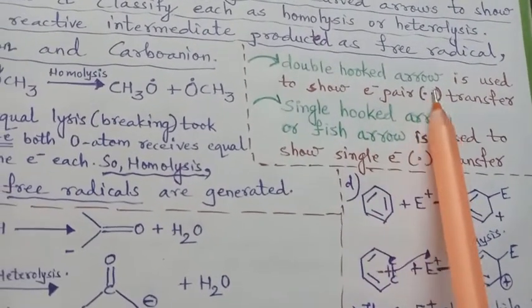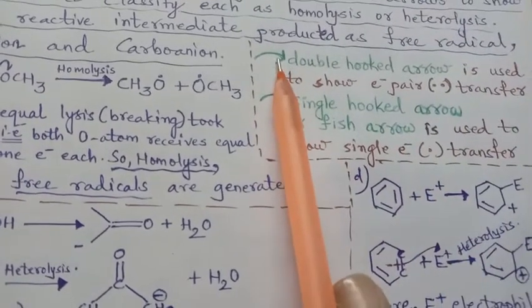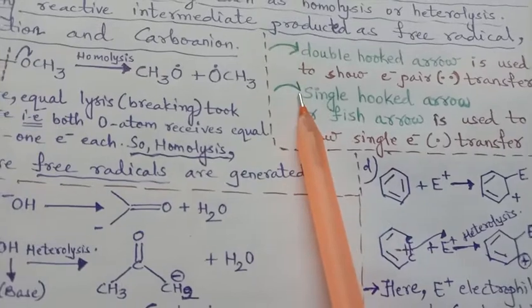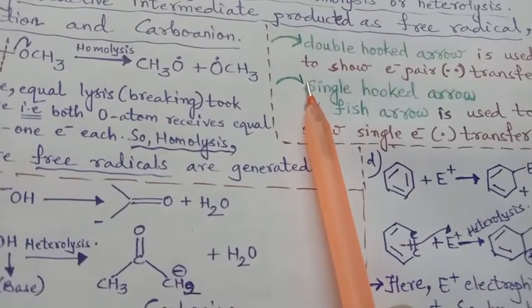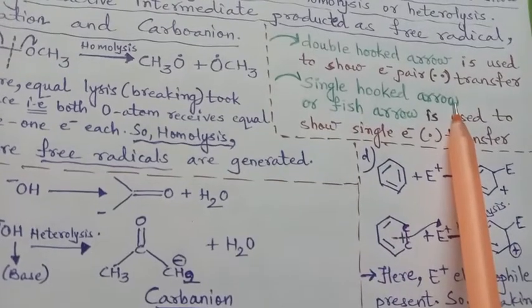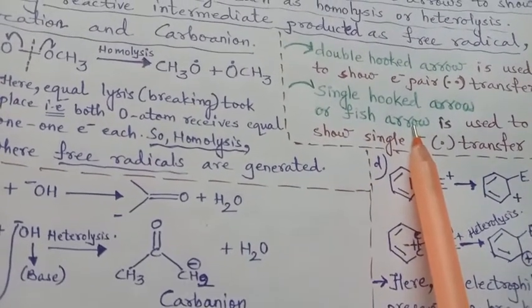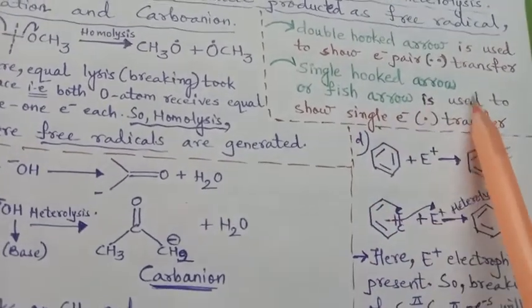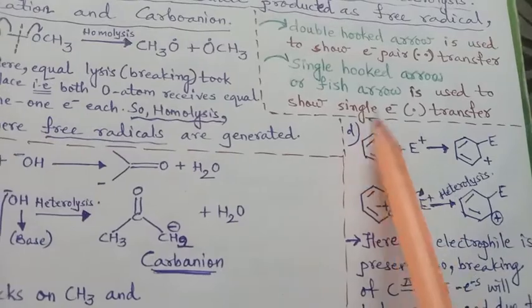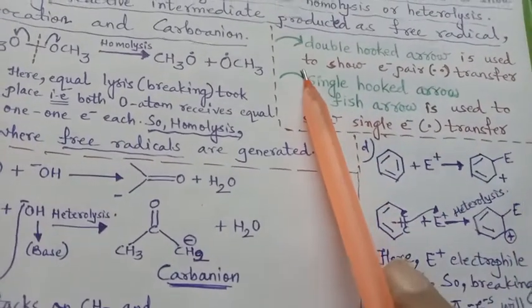That means when two electrons are transferring at a time as a pair, the double hooked arrow is used. A single hooked arrow means only one side hook is drawn. It is also called a fish hooked arrow, right? It is used to show the transfer of a single electron. So when only one electron is transferring, we use this arrow.